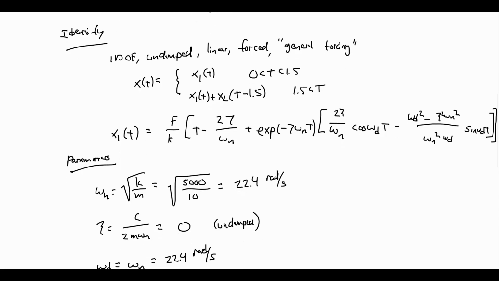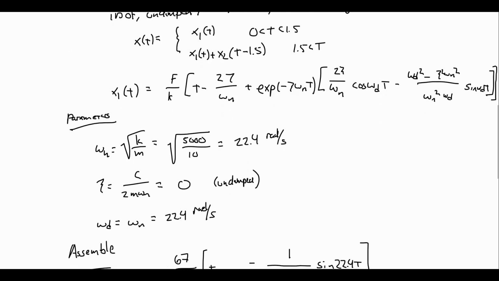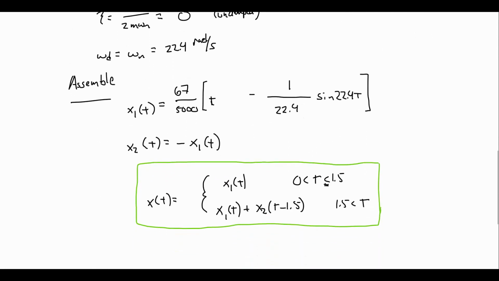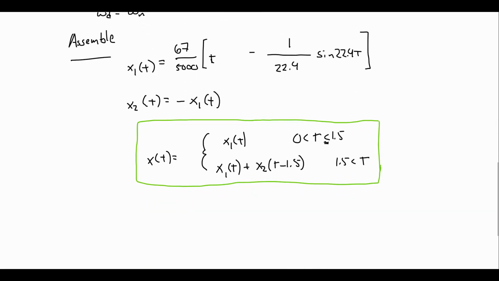These were both ramps, so x1 and x2 had that same form that we got from our slides. And then we just had to figure out our parameters and assemble our entire solution. And we saw we got this piecewise function where x1 is defined and x2 is defined, although in this case x2 was negative x1 because they had that same forcing amplitude, that 67 newtons per second.